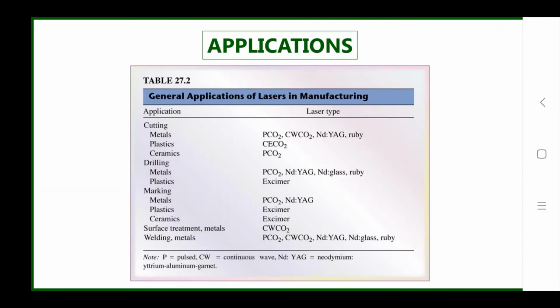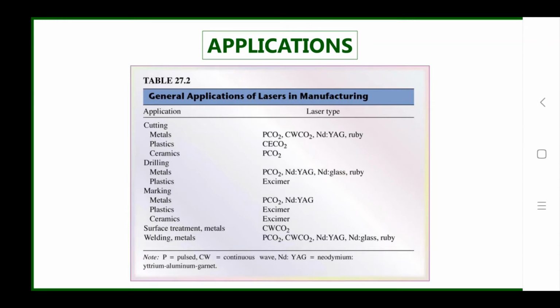Here I will highlight some applications of laser beam machining. Here I have given two columns. One side is the application and the other is which kind of laser we can use for that application. So first category is cutting. For metal, plastic, ceramic, we have different types of laser.